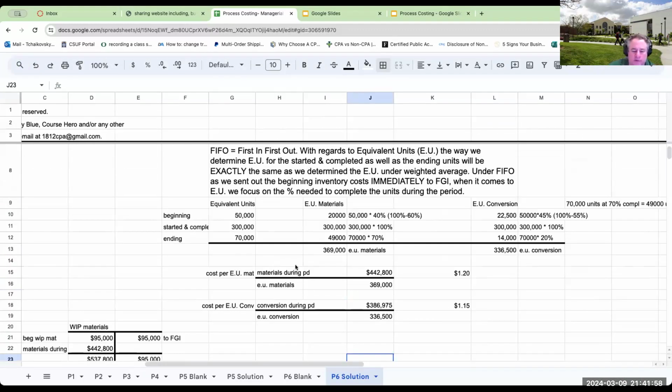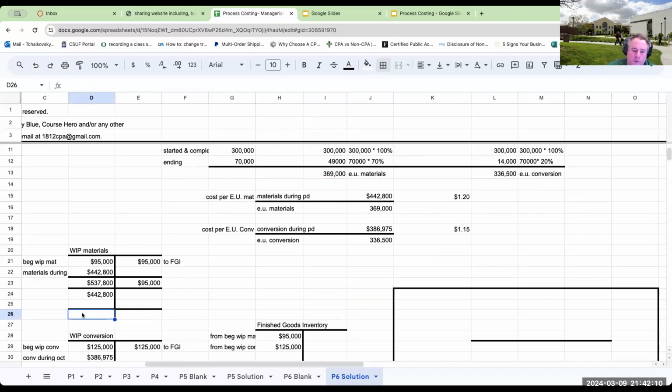So first thing is, let's do it this way. My ending equivalent units of materials were 49,000. Therefore, if I take 49,000 equivalent units times my cost per equivalent unit of $1.20, I get 58,800.